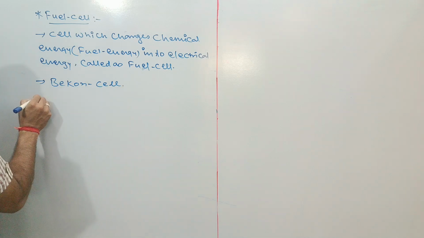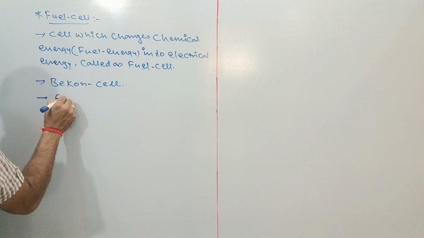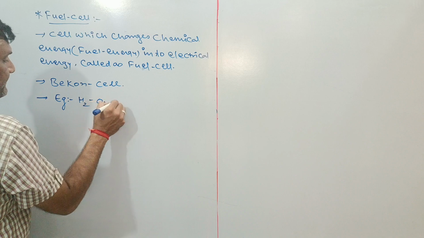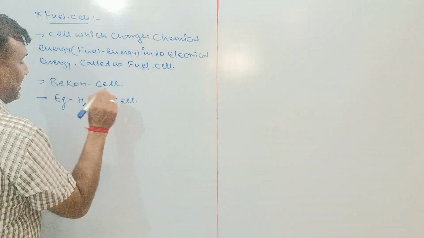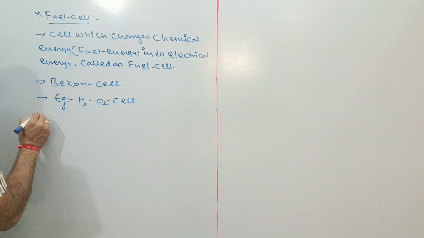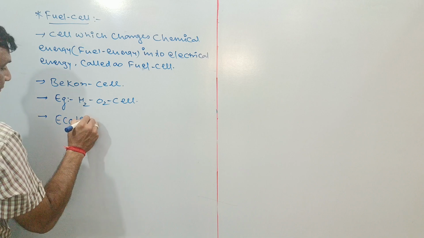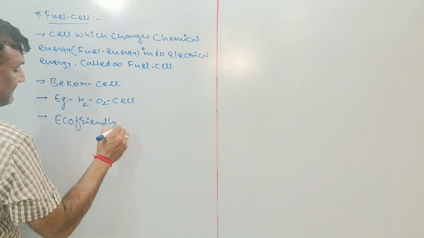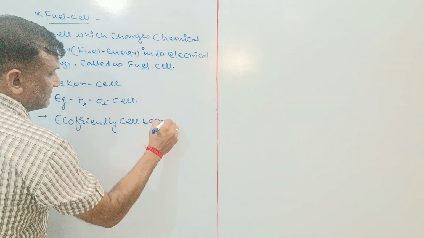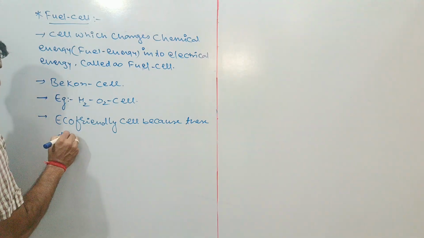There are a lot of examples of fuel cells, but here we'll take the H2-O2 cell as an example. The H2-O2 cell is the best example of a fuel cell. These cells are eco-friendly in nature, because they do not cause pollution. Instead of H2 and O2 as fuel, what else can we use?